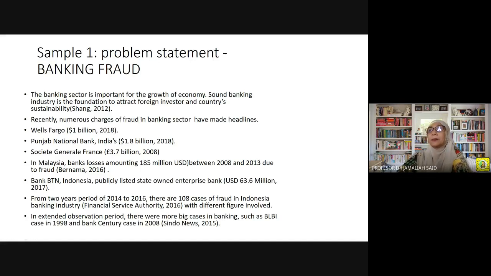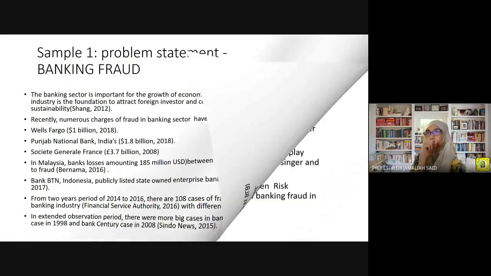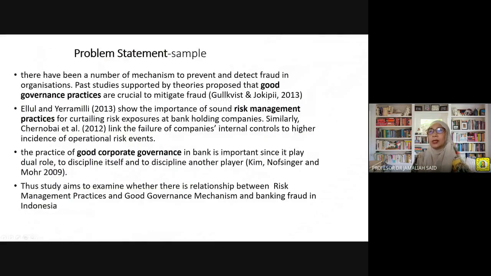Okay, so at this point, I think the weakness of this proposal is that she failed to explain what made her choose the two elements here: good governance practices and risk management.